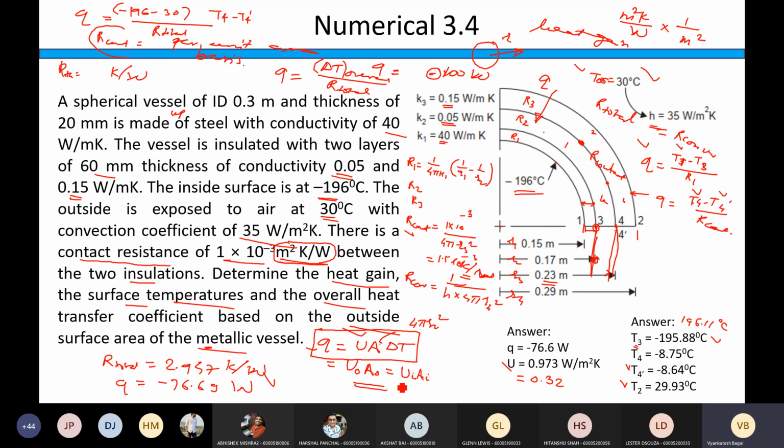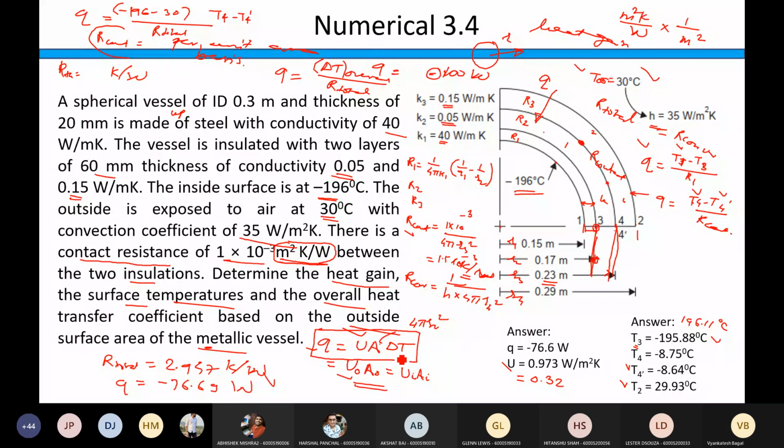So this is valid. We have seen this before, right? So either you calculate Ui based on inner area and then calculate U naught, or reverse also you can do, one and the same. But you should take the corresponding area, otherwise it will be wrong. Fine?